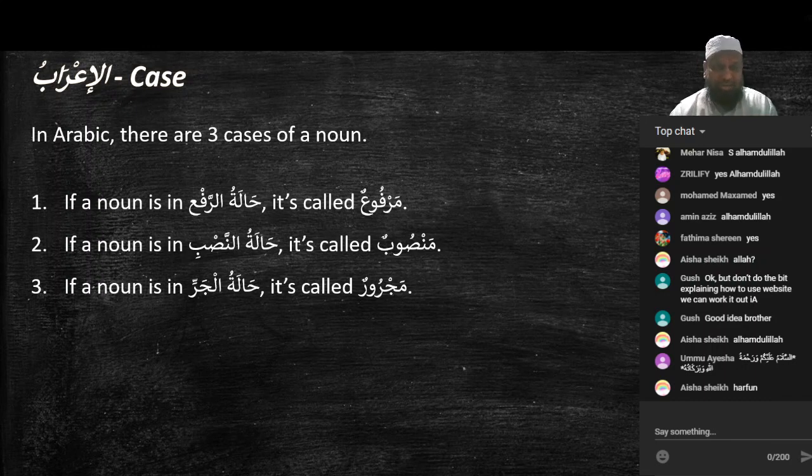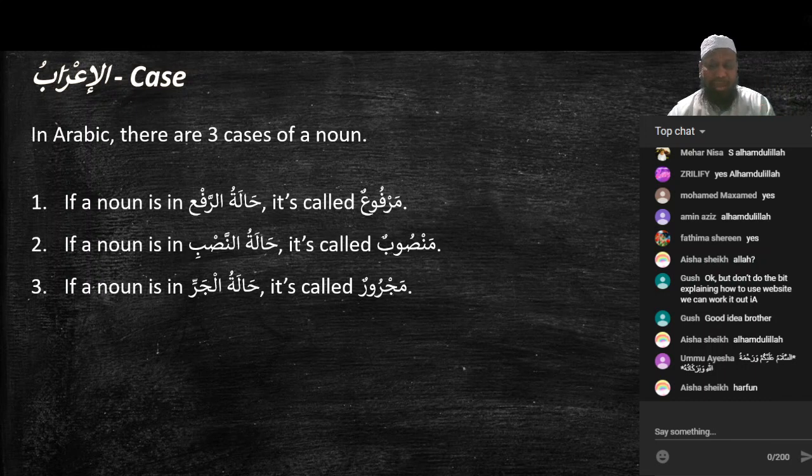If a noun or ism is in halatul rafa, it is called marfu'un. Number 2, if a noun is in halatul nasb, it is called mansubun. And number 3, if a noun is in halatul jar, it is called majrurun. I hope you understood the difference between state and case.